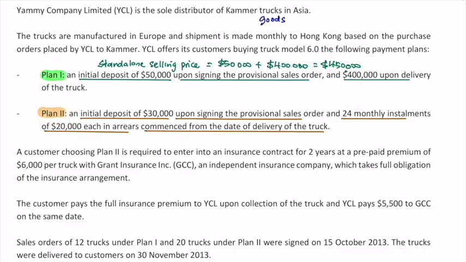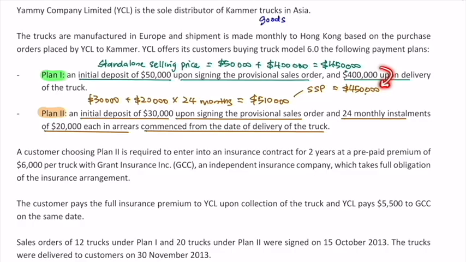Based on Plan 2, the question mentioned that there's an initial deposit of $30,000 plus $20,000 for 24 months. In total, it equals $510,000. The standalone selling price should be $450,000, the same figure.